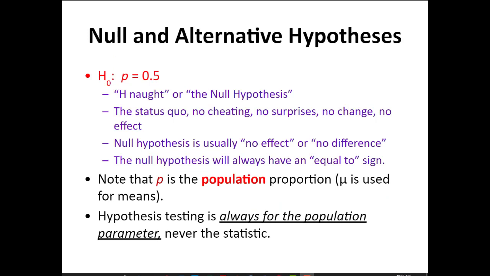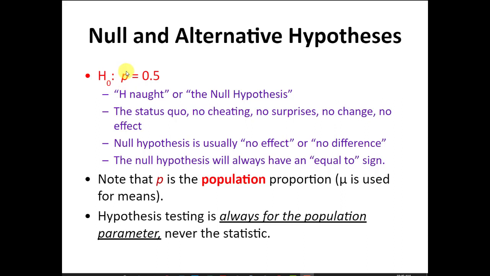There are 2 hypotheses. The first one is called the null hypothesis. The notation for the null hypothesis is an H with a little 0 subscript in the bottom right corner, and that is pronounced H naught, or the null hypothesis. Then you'll usually see a colon, and then you'll use the population parameter notation.